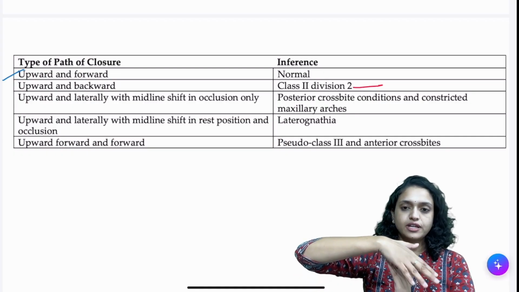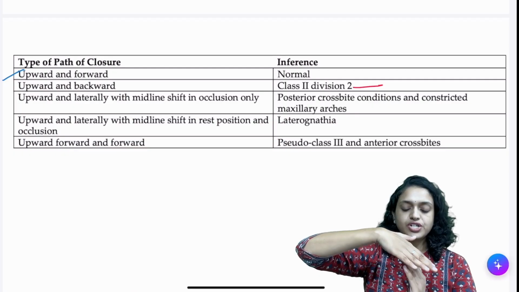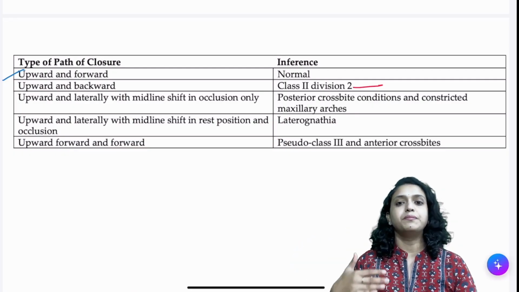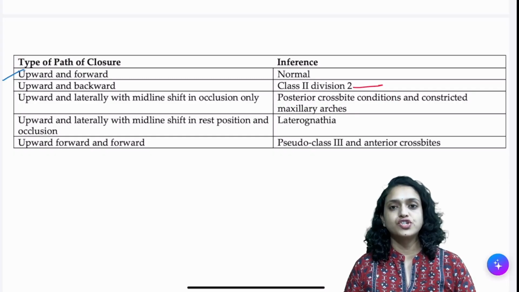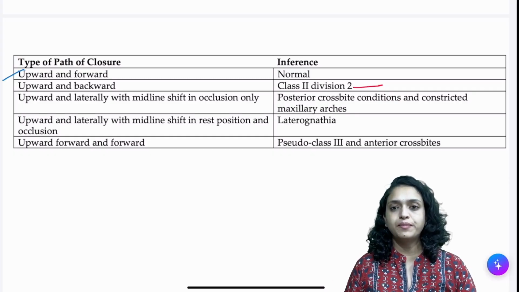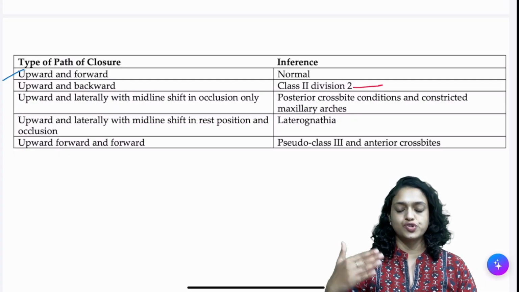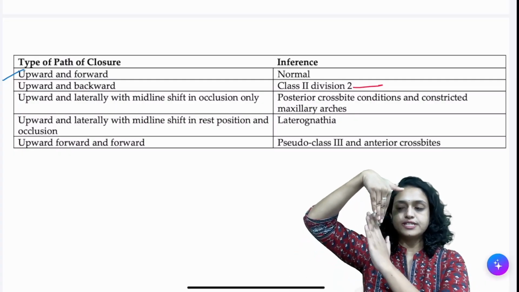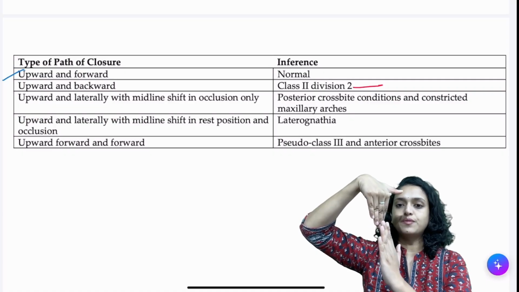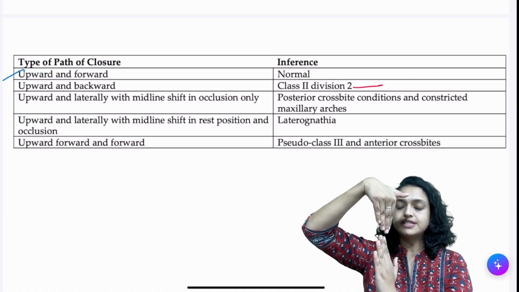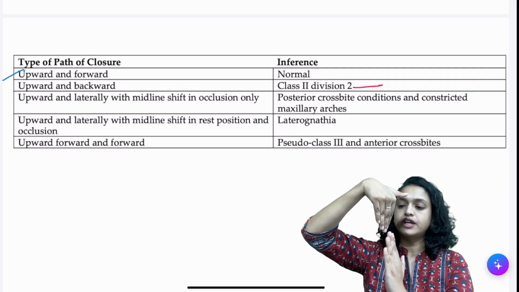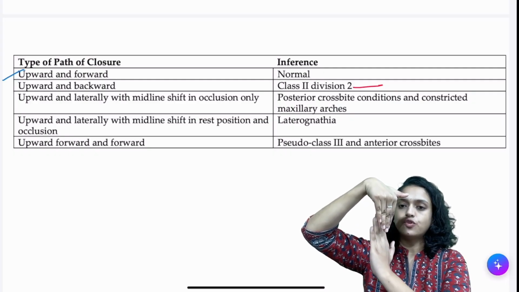So when you free the upper incisors, the mandible generally glides forward. But in patients who have had this class 2 division 2 for a long time, they would have developed an altered path of closure. Initially, if the incisors are retroclined, generally the mandible is supposed to go forward. But since the incisors are retroclined, it will go forward and then go backward.